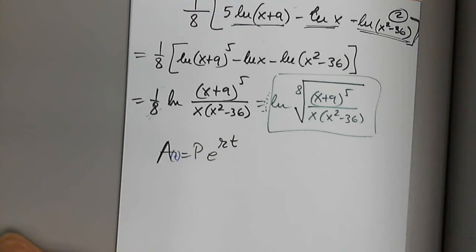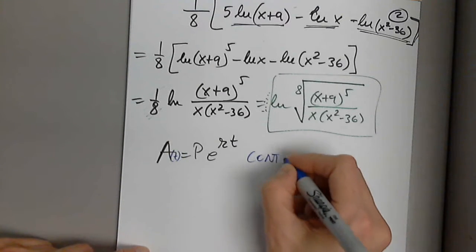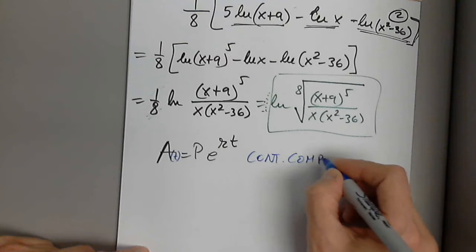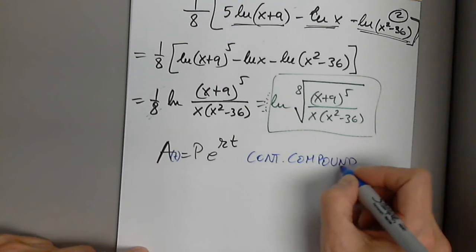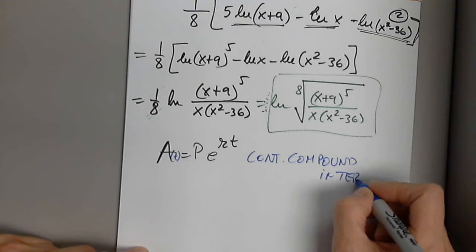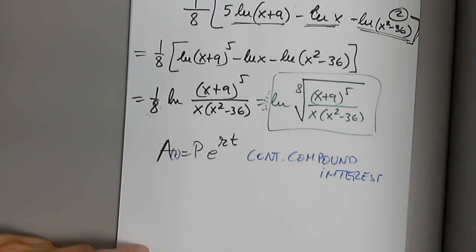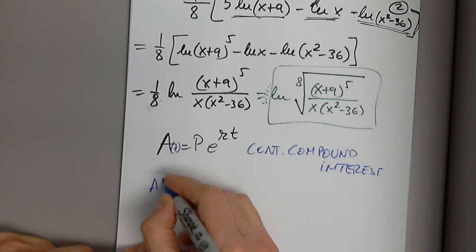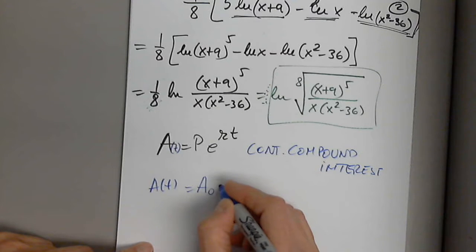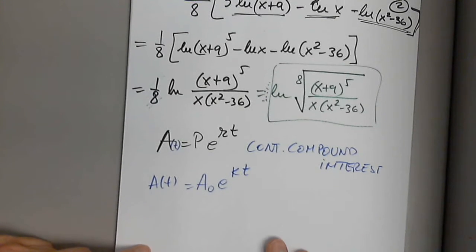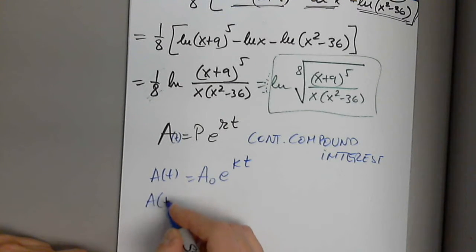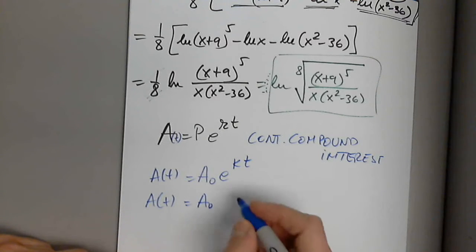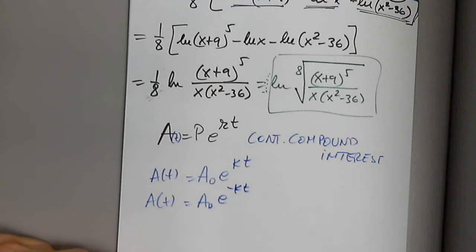This was the continuously compound interest. A of t equals A0 e to kt. And the other one, A of t equals A naught e to negative kt.